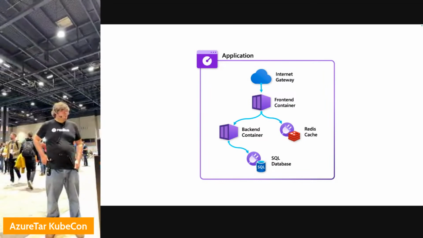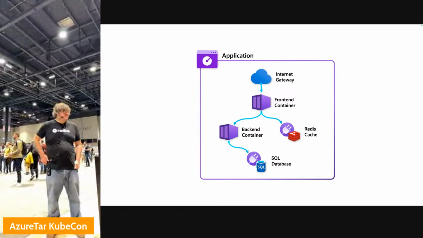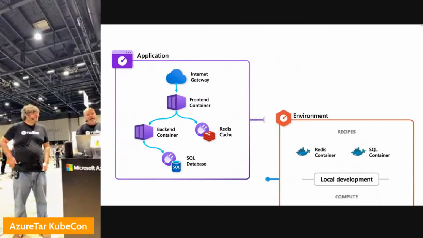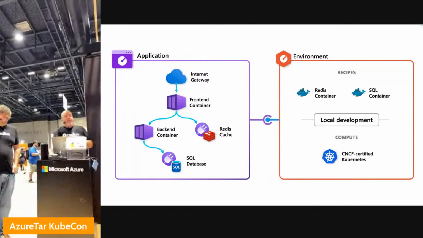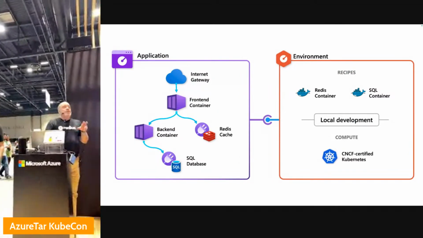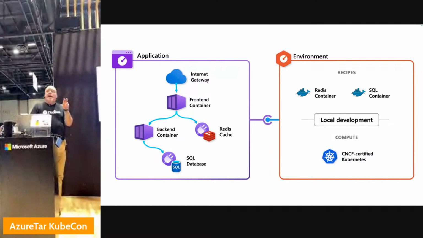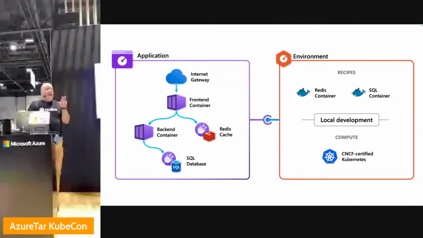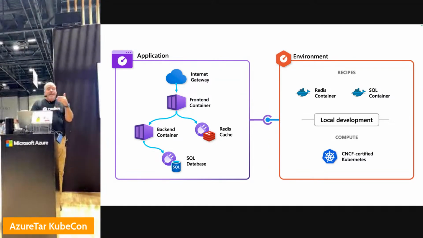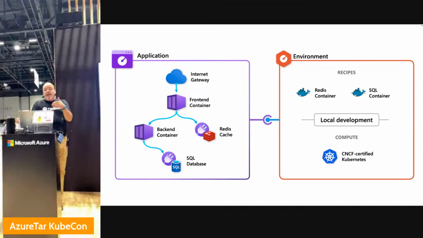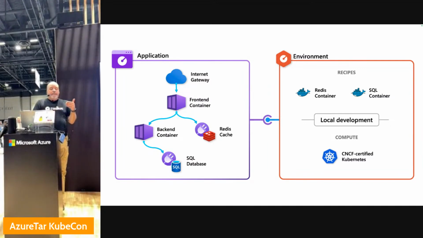They focus entirely on that piece of application design. And at the same time, their operations counterpart focuses on defining and configuring the environment where that application is ultimately going to deploy. Now, in this example, the environment is a local development environment.